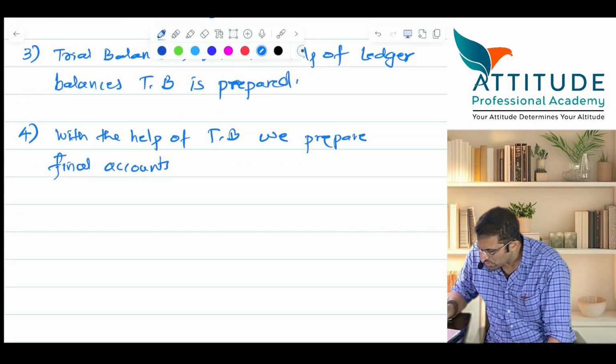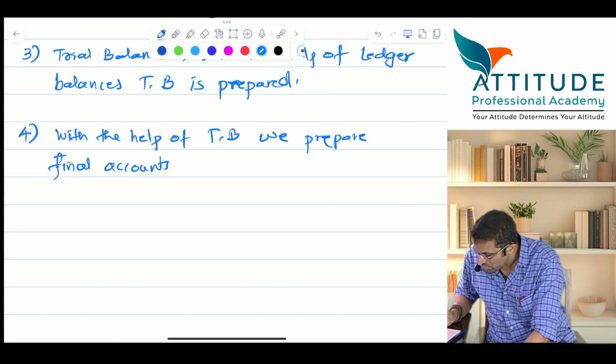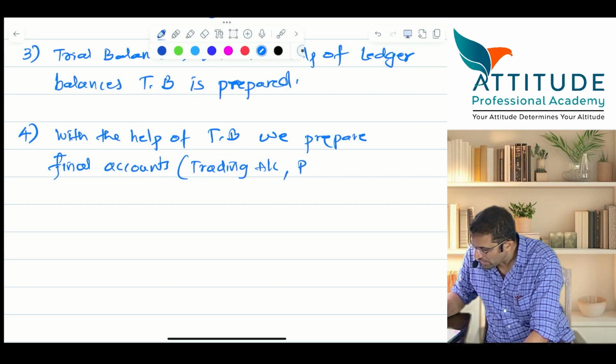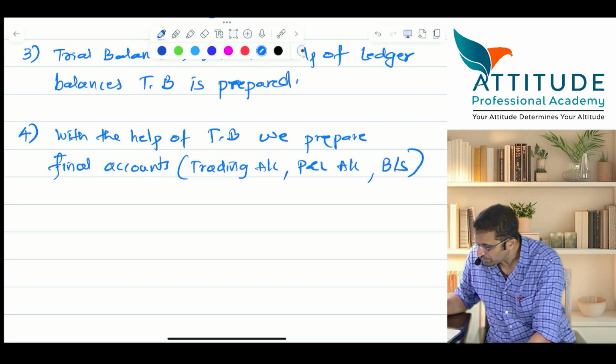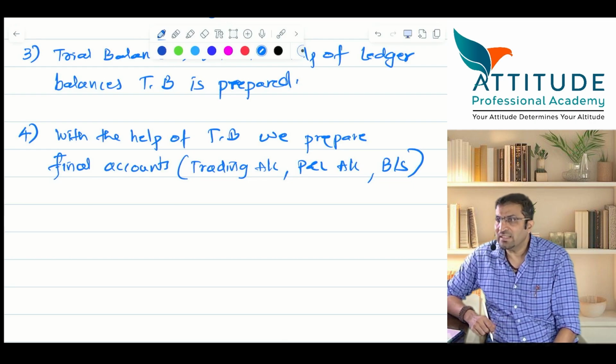Sir, final accounts generally comprise 3 things: trading account, profit and loss account, and balance sheet.